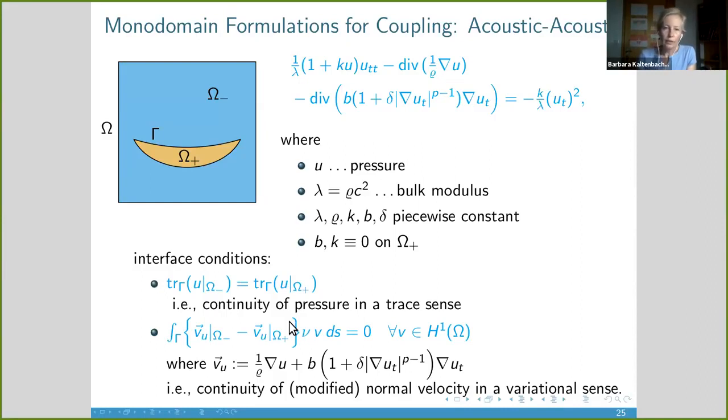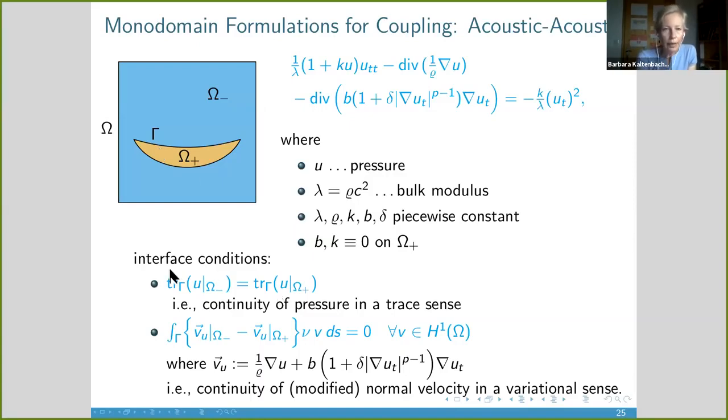The natural and also physical interface conditions are continuity of pressure and continuity of velocity. So inside and outside the lens, of course, it's clear the particle velocity needs to be the same because, so to say, the particles stick together over the boundary. And likewise for the pressure, we have the same pressure from both sides.